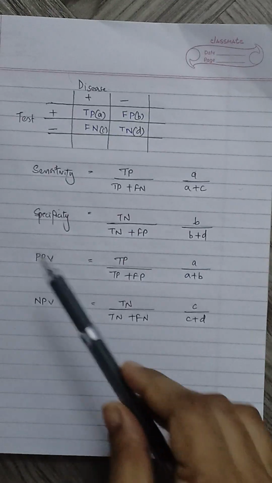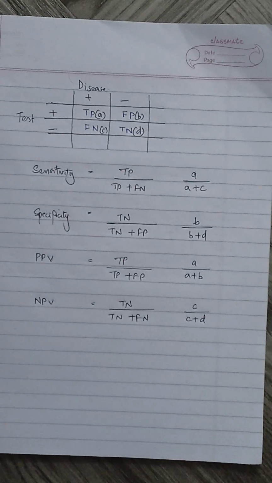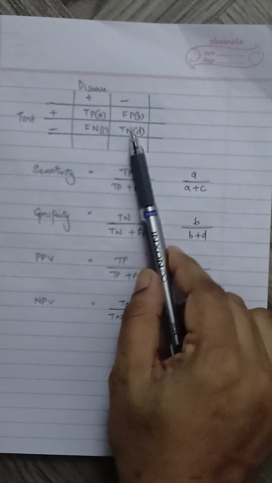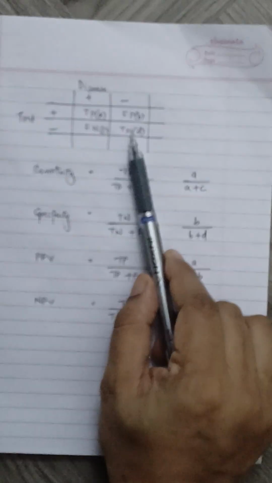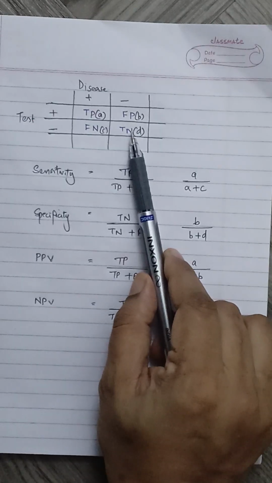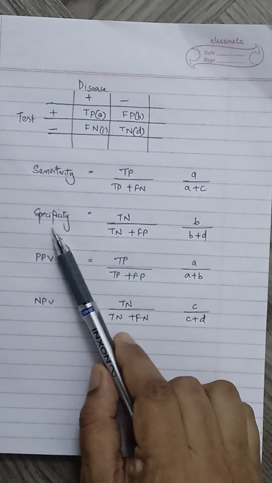For example, in diseases like HIV, where a positive test can be a source of panic and anxiety in the patients, we need to have a highly specific test that does not have many false positives. That means if the test turns out to be negative, then in actual the patient does not have the disease. It can be a true negative. That is called a highly specific test.